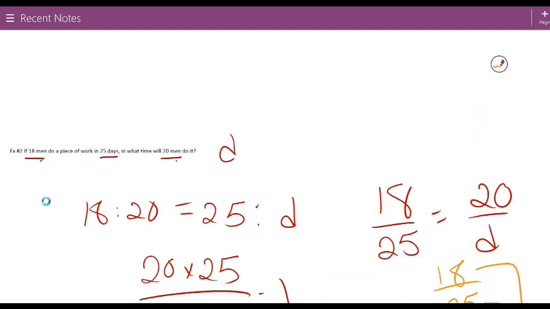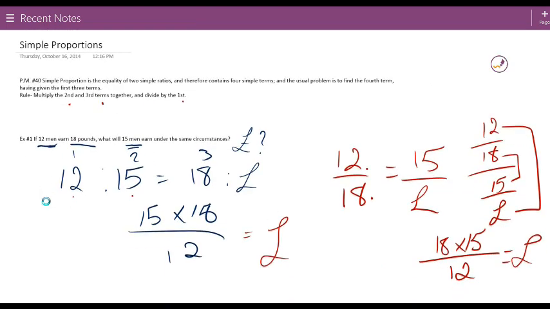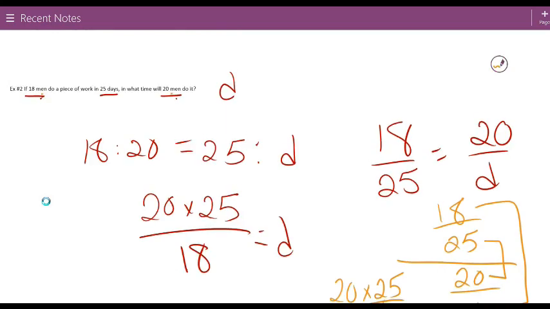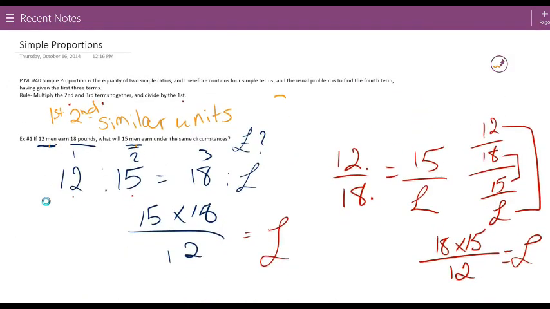This rule of 3, you want to have your comparisons, your first and second term are going to have similar units. They're going to be measuring the same thing, like here we had men, and then your third and fourth will have, again, the similar units or terms.